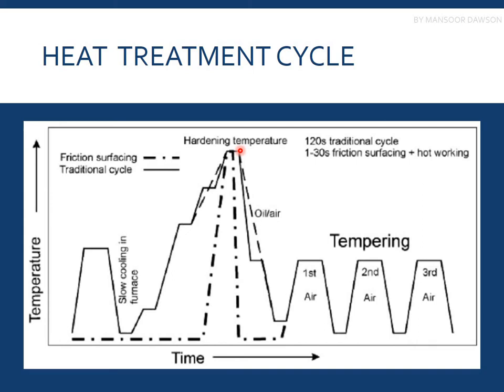Then we suddenly cool it down in air or in oil. Again we hold it at a certain temperature, cool it down, and then temper it. Providing multiple heat treatment cycles to a material is called tempering, which we'll be studying in the later slides. So it was just an intro of the heat treatment cycles. We'll be discussing the cycles for each heat treatment process.